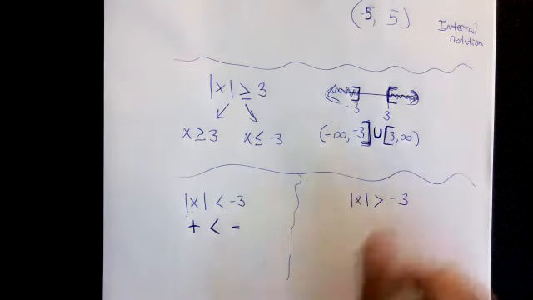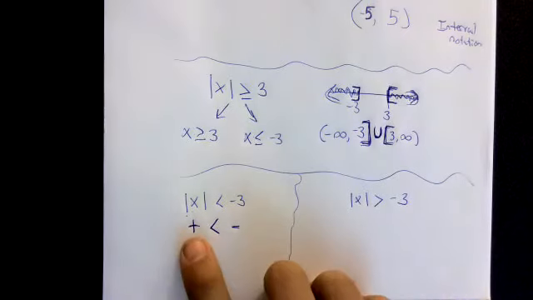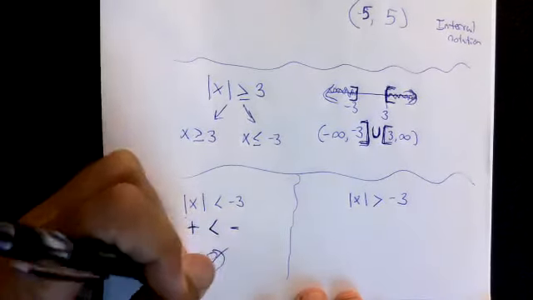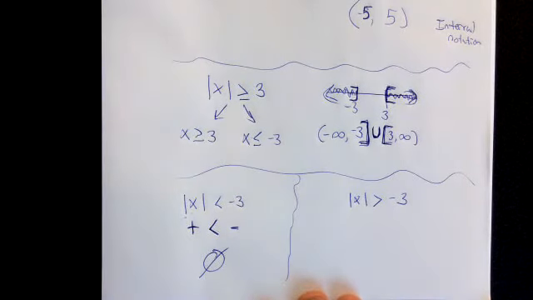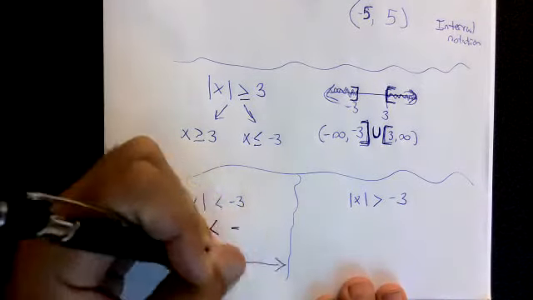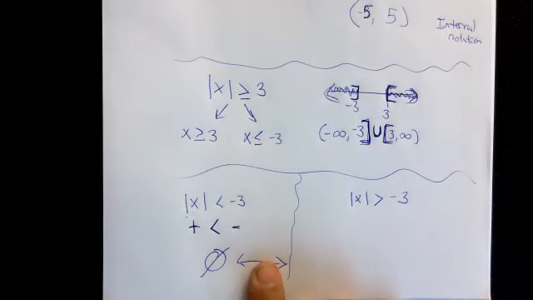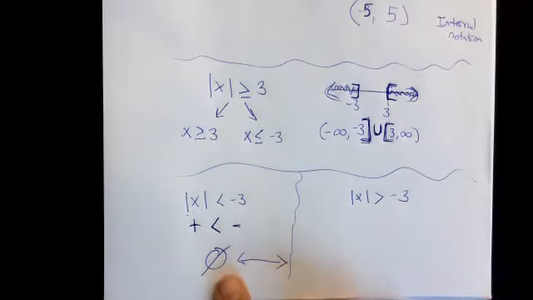Positives are always bigger, hence on the number line, positives over here. A positive number cannot be less than a negative number. This is a no solution problem. If MyMathLab wants you to graph that on a number line, nothing gets shaded. If there is no solution, you don't shade anything. It's just blank because nothing works.